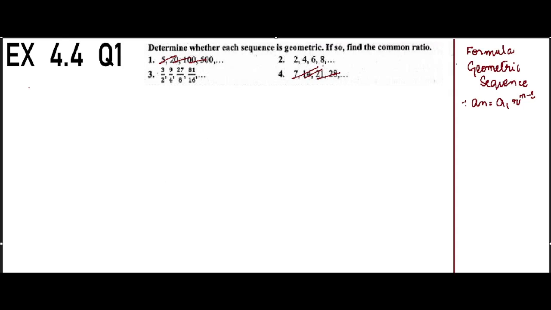So we are going to solve the first question, which is 5, 20, 100 and 500. First of all, write a1 is equal to 5, a2 is equal to 20, a3 is equal to 100, and a4 is equal to 500.